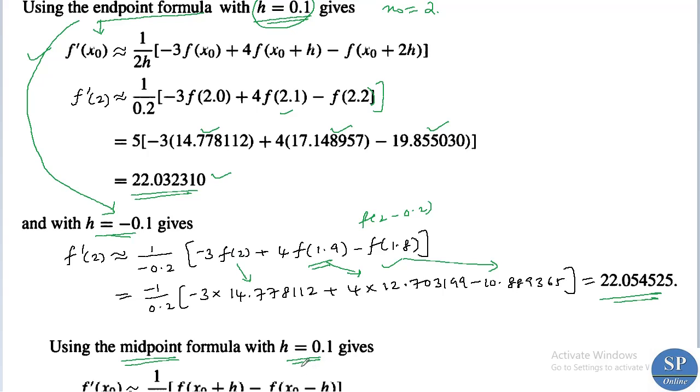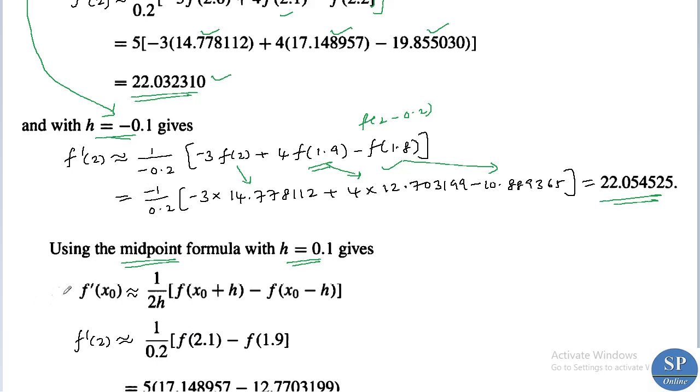Now we can use the 3-point midpoint formula with h equal to 0.1 and h equal to 0.2. The midpoint formula is given by f dash of x naught approximately equal to 1 by 2h into f of x naught plus h minus f of x naught minus h. Choosing x naught equal to 2 and h equal to 0.1, f dash of 2 is approximately 1 by 0.2 into f of 2.1 minus f of 1.9.